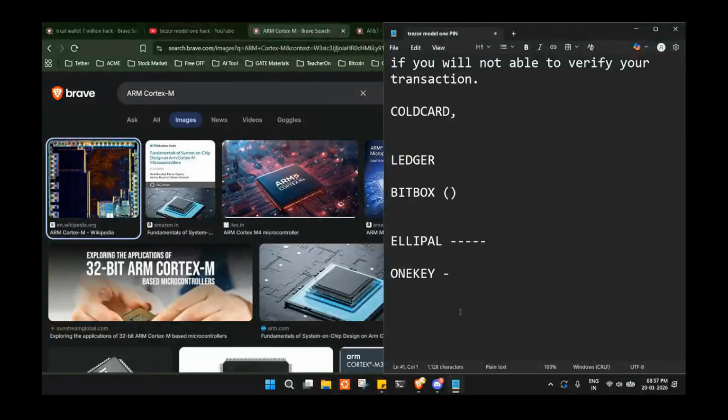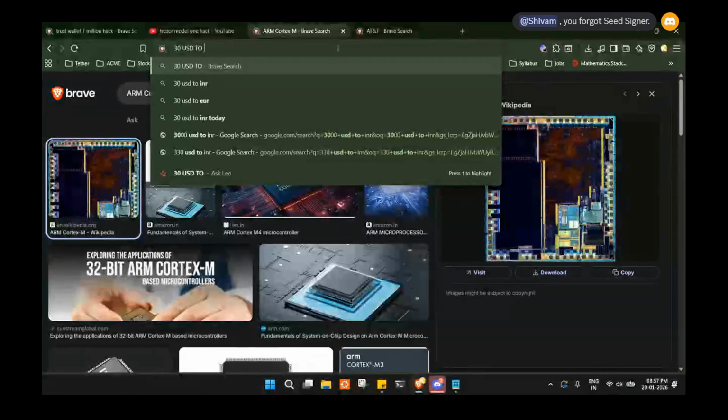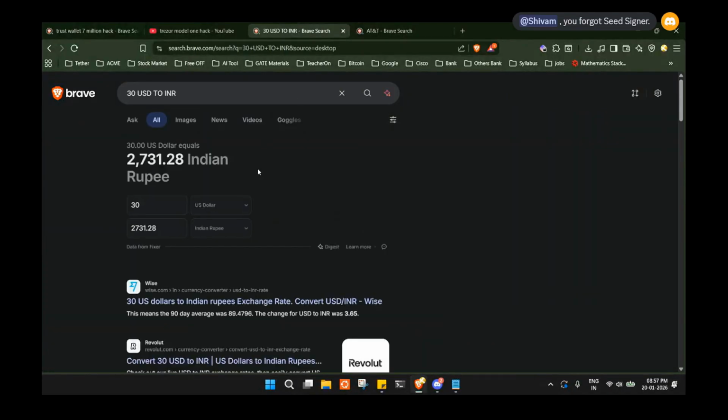There is one more which I have also checked out, from SafePal. It cost me around 30 USD, which would be 2,700 rupees.